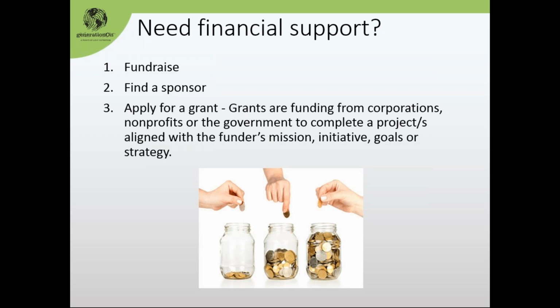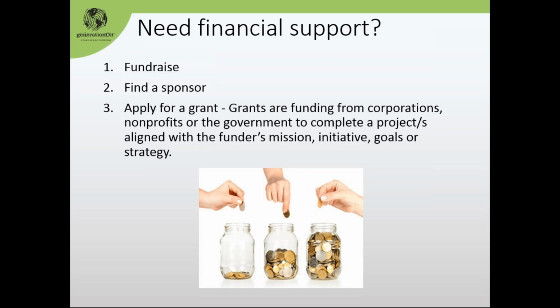And most grants that I've seen anyway, are still tied to a specific mission or purpose that's defined by the funder. So for example, Generation On is in partnership with C&S Wholesale Grocers. They're obviously a grocery store. And they have given us money to run the Make Your Mark on Hunger campaign.